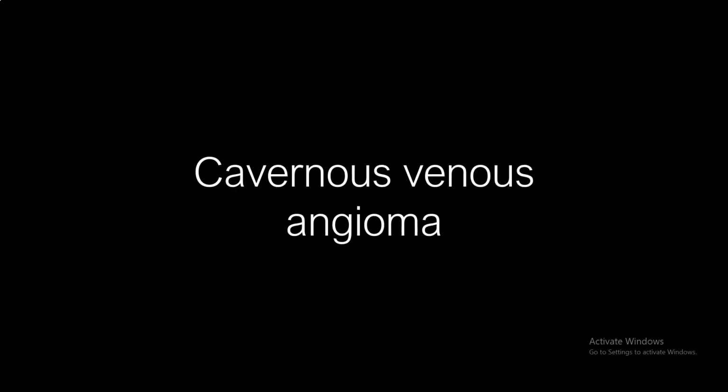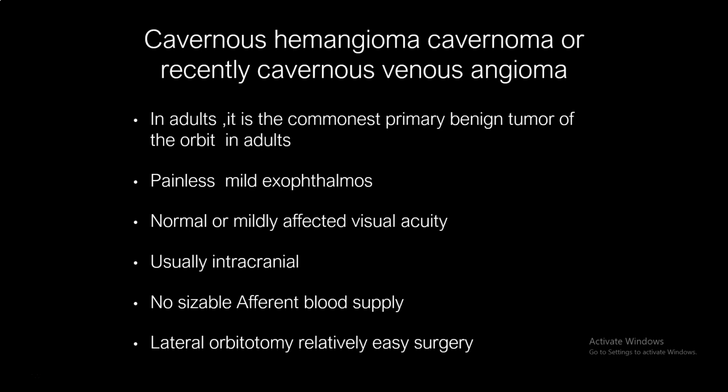Second entity is cavernous venous angioma. Is it common? Yes, it is common. It's not only common, but it is the commonest primary benign tumor of the orbit in adults. It is causing painless, mild exophthalmos, and the vision is very good, normally or mildly affecting visual acuity.